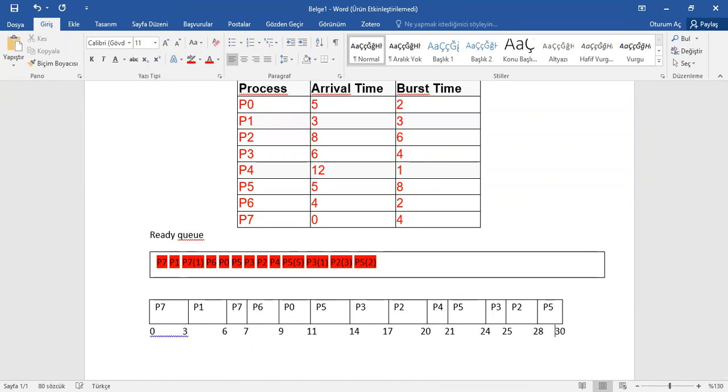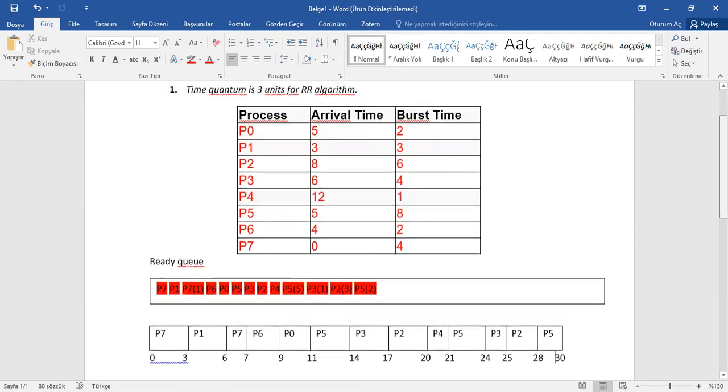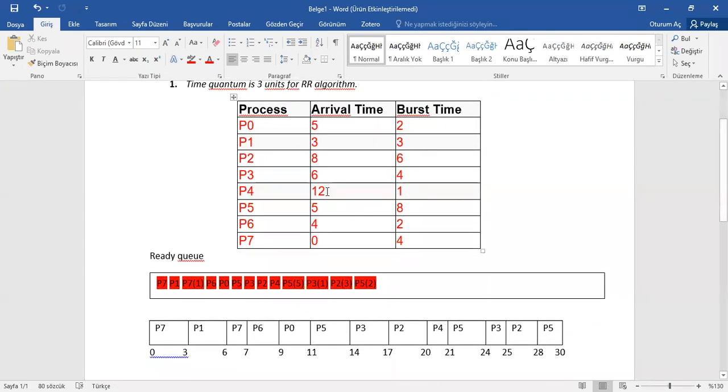Okay, so as you see, I used ReadyQ to draw the Gantt chart. So the thing is here, you have to use both the table, time quantum, and ReadyQ.